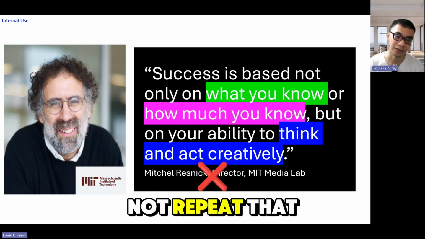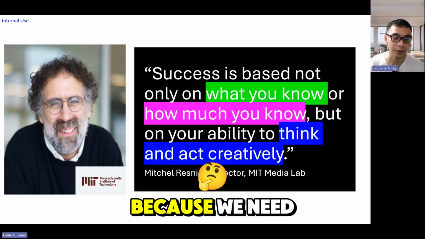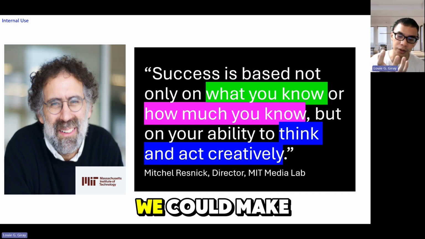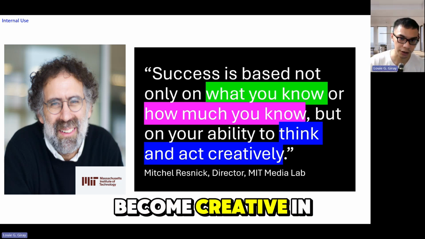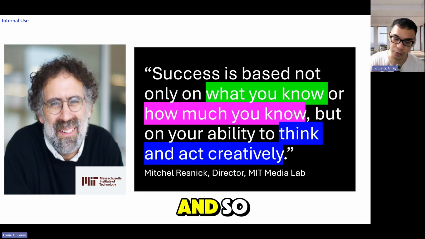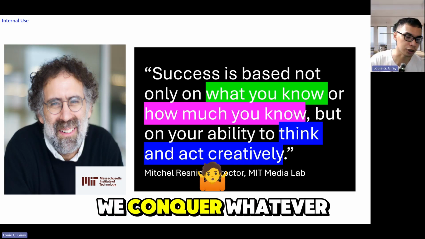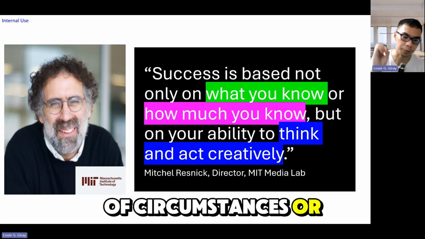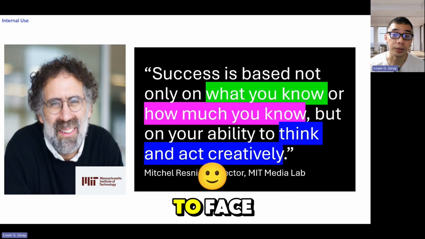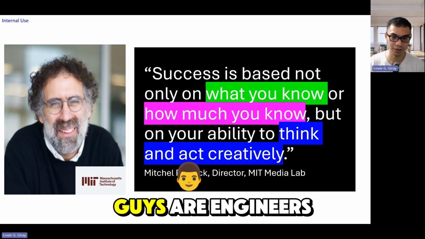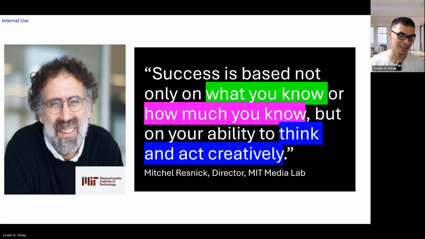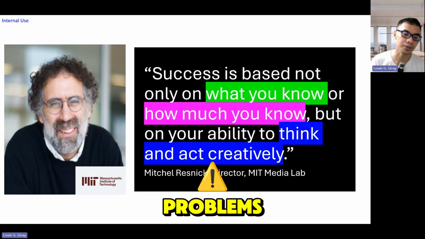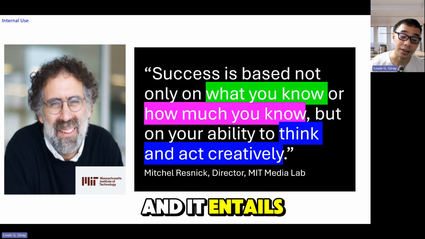And you must not repeat that mistake because we need to see how we could make sure that we'll become creative in whatever we do, and so we conquer whatever mountain of circumstances or problems you need to face. More particularly, you guys are engineers. You need to be solving problems, and it entails creativity too.